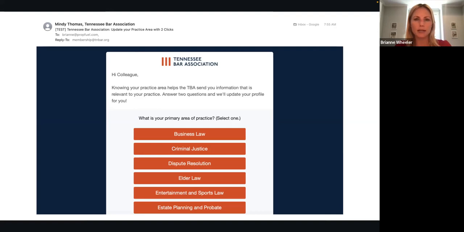However, the challenge here is over time, I don't know how often lawyers switch their practice, it's probably less likely than some other professions, but one might shift their primary area of practice over time. And so the information that you have in the AMS could be inaccurate. It's really important, and I don't know what they actually were using this for, but it's important to get that info updated consistently so that you can look at it for statistical purposes and use it for segmentation.